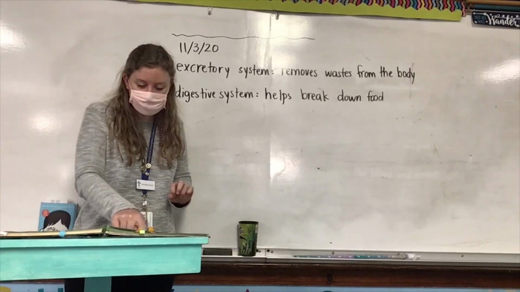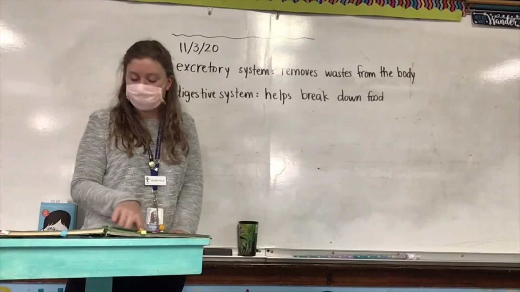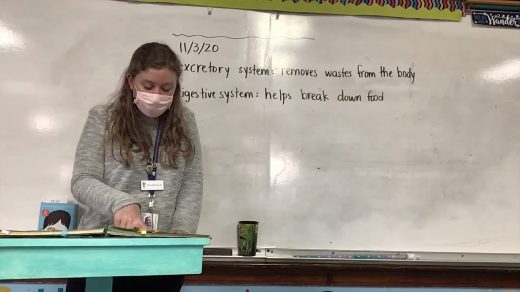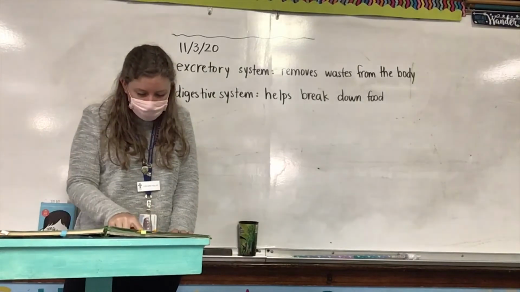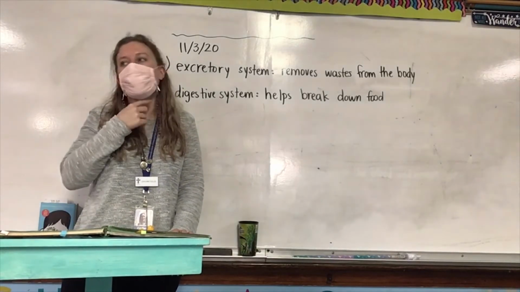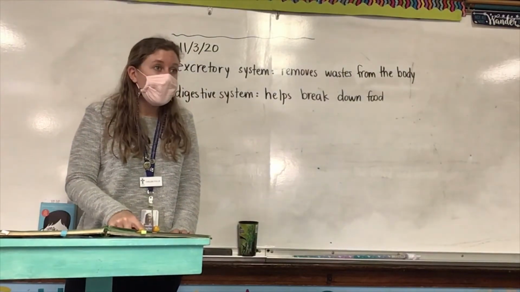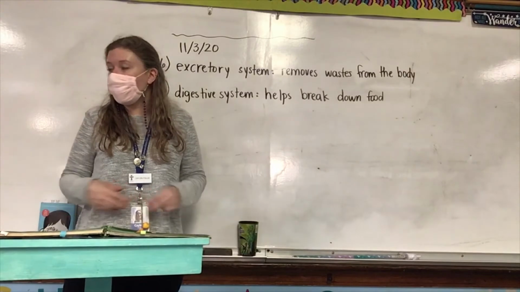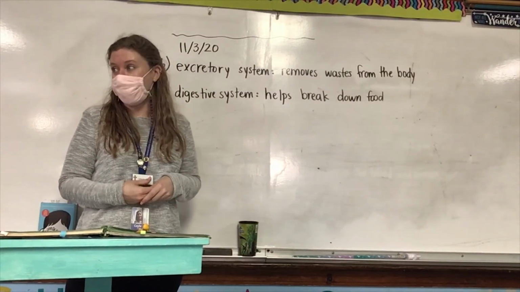So we can see in this turtle the path the digestive system takes. First, the food enters through the mouth of the turtle. Then it moves down the esophagus, which is not labeled, but we all know what an esophagus is, to the stomach. And then in the stomach, that's where the digestive system really starts breaking things down.